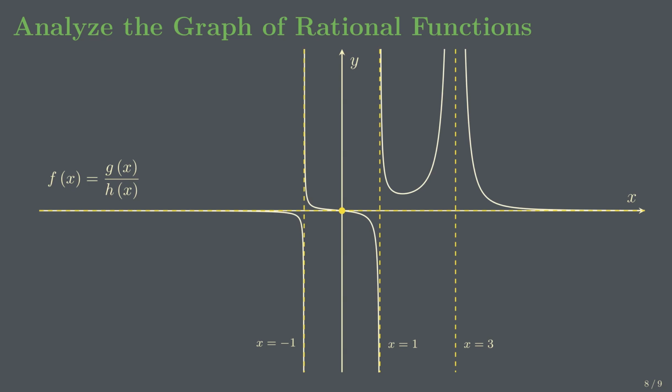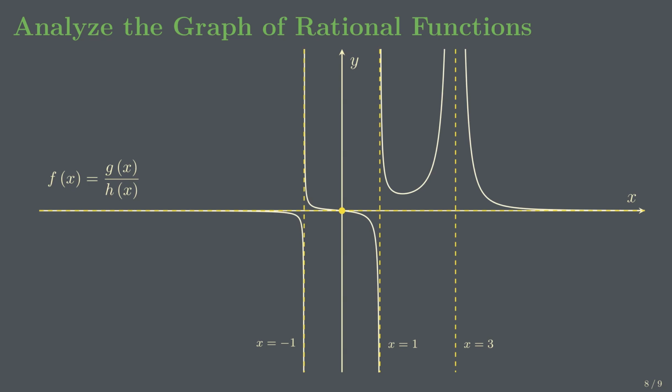Well, actually we can say a little bit about the formula of a rational function given the graph of it. So for example, in this case, we are given a graph of a rational function f(x) equals g(x) over h(x). So we try to identify g(x) and h(x) from the data that we have here.